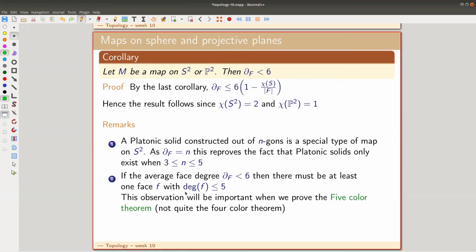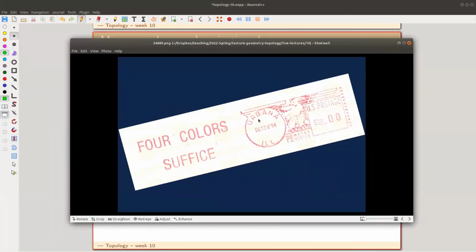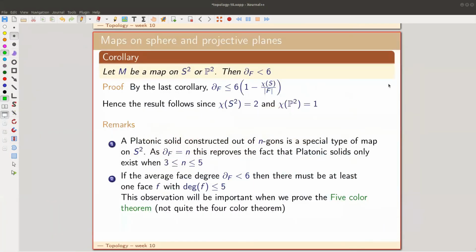And this will be the key to, on Monday, prove the 5-color theorem, which is not quite what we really want. Obviously, we want 4 colors suffice. But it turns out that the 5-color theorem is provable in a lecture like this. It's not so hard.